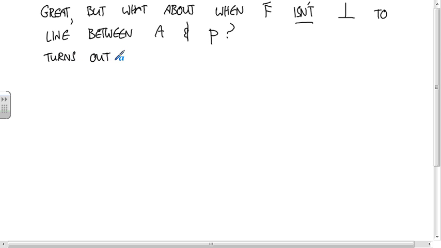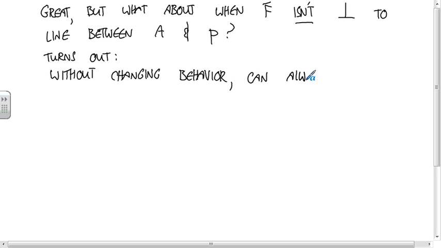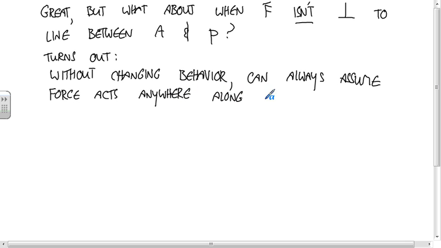And it turns out that without changing the problem, without changing the behavior, you can always assume that the force acts anywhere along its line of action. And here's the idea of the line of action.